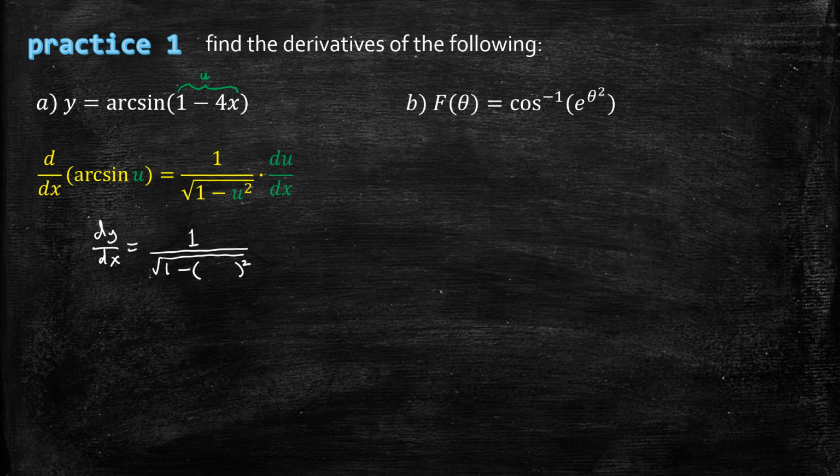That input is u, which is 1 minus 4x. But we mustn't forget to multiply by the derivative of the inside function, which is negative 4. We can tidy that up, but we're not going to simplify this anymore, even though you probably could FOIL out that squared parentheses and simplify it somewhat.